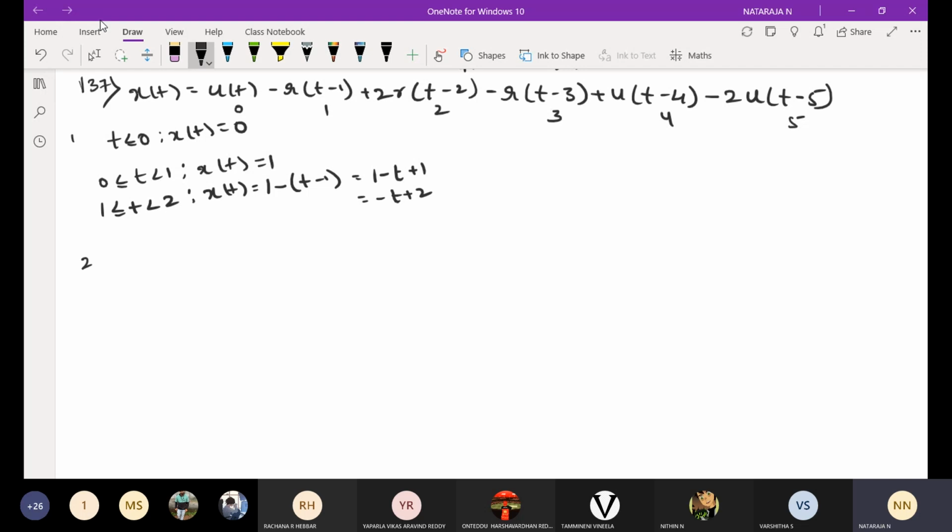Then from 2 less than or equal to t less than 3, 2 to 3, we need to consider t minus 2. What is the previous output? We have x of t equal to minus t plus 2. What is the present output?